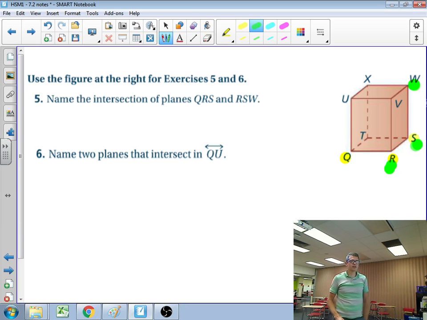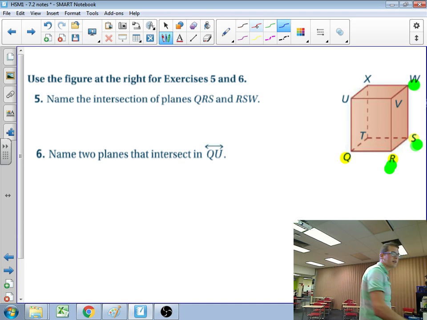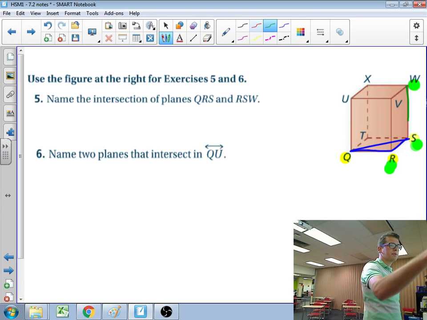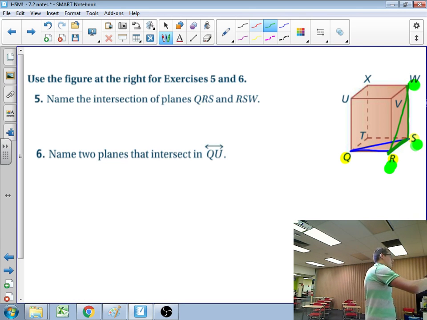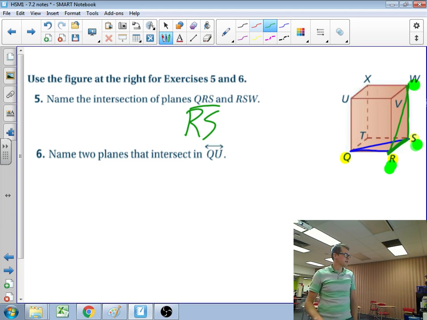So name the intersection of the planes. You should already be able to see it based off the color coding, but those planes would intersect at RS. If I tried to make a drawing of that, it would be this plane, that triangle, and this plane, that triangle. We see that they share this side right here. So RS would be the location where those 2 planes meet.